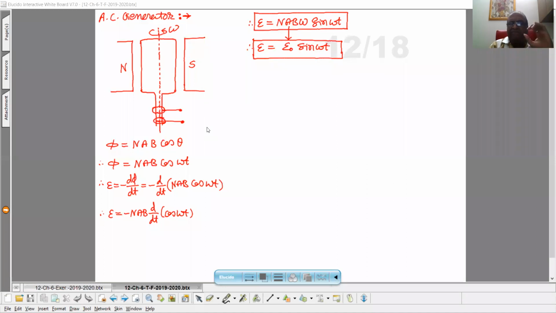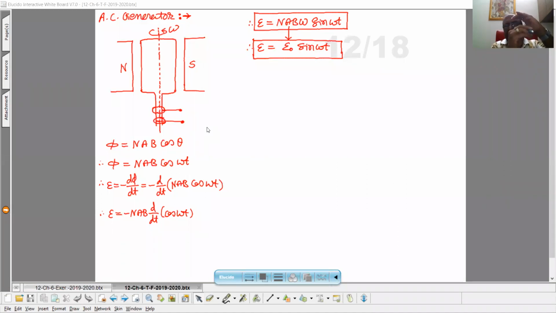Slip rings are the rings like this. Here the terminal of the coil, or we can say the end of the coil, is attached with it, and as coil is rotated, this ring also rotates. Okay, or sometimes the arrangement is like this.